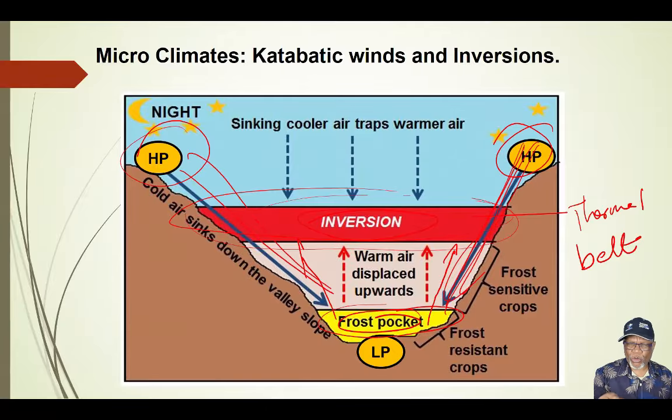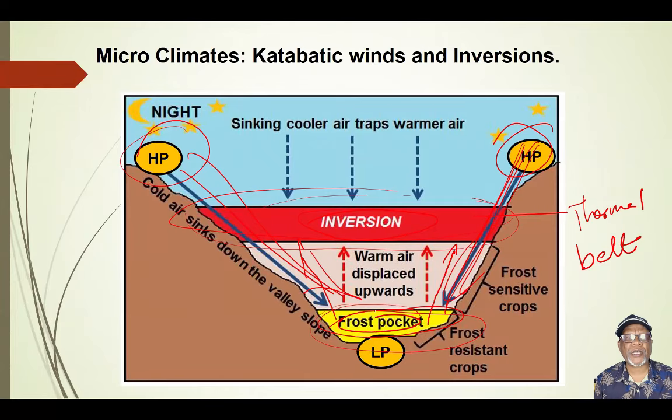When more and more cold air subsides, it accumulates at the bottom of the valley and drops temperatures below freezing point, and we are going to get temperature inversion there. But here at the bottom, what do you call it?